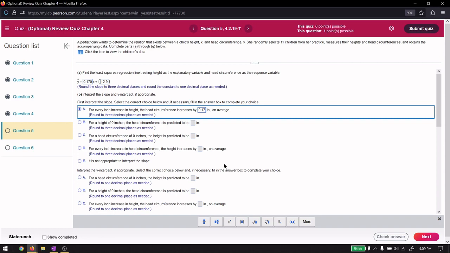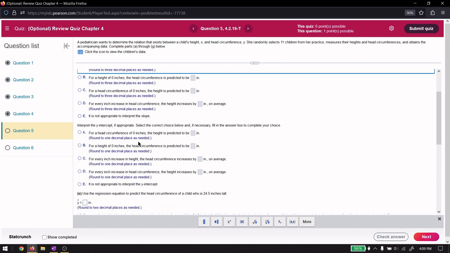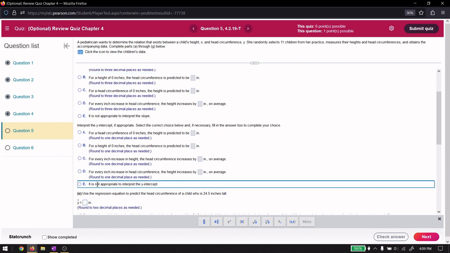That's the slope. Now the y-intercept: for the y-intercept, we are asking what happens if x is 0. In other words, the child's height is 0. But a child's height can't be 0, so it's not appropriate to interpret the y-intercept.